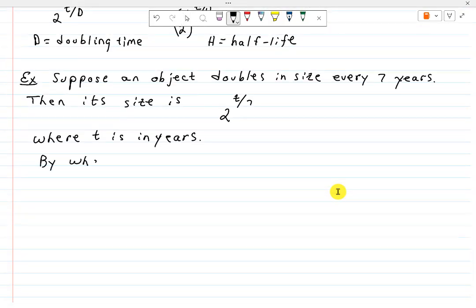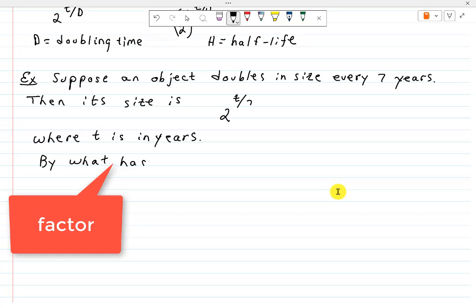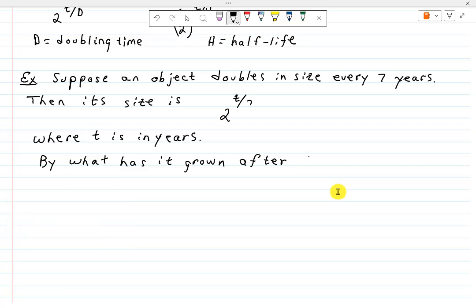By what factor has it grown after 13 years?